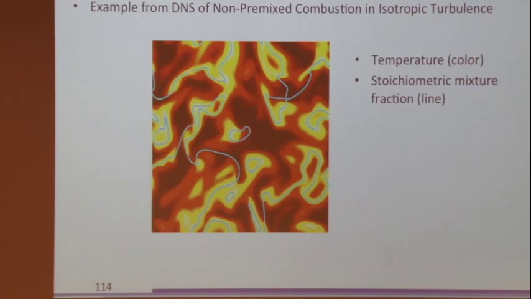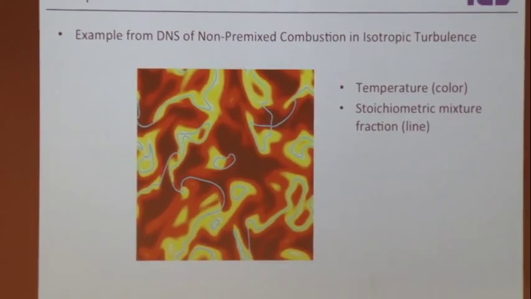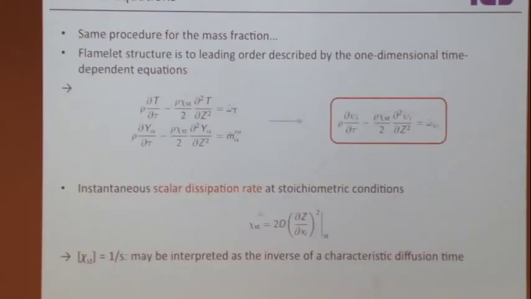And you see that the assumption that changes normal to the blue line are much larger than along the blue line is even better satisfied here than in these regions. So the higher the dissipation rate is, the better the assumption actually is, up to the point where you get local extinction, and then the assumption can break down. Okay?